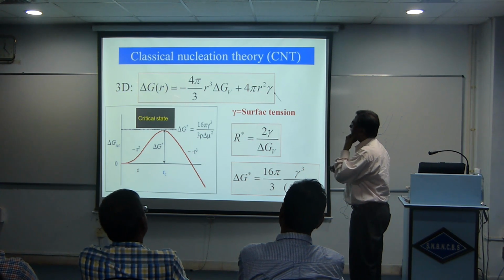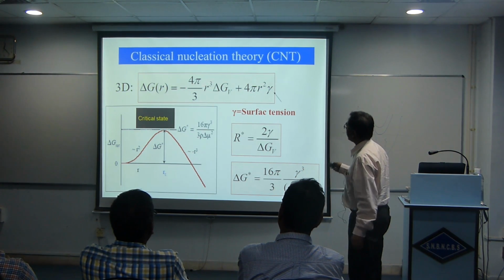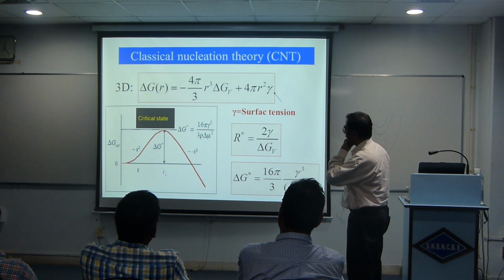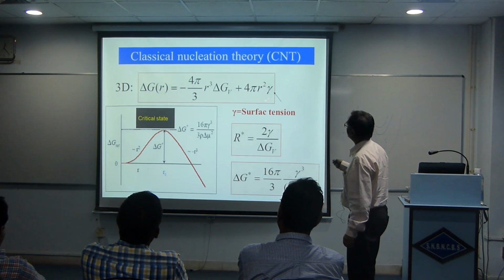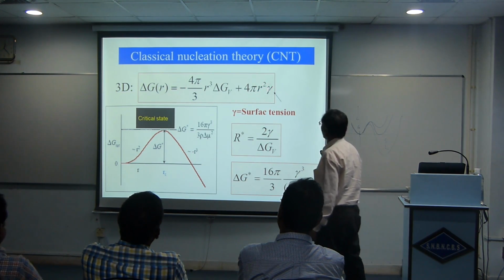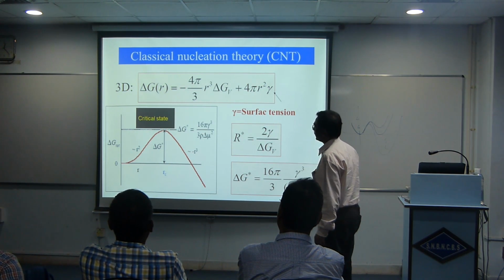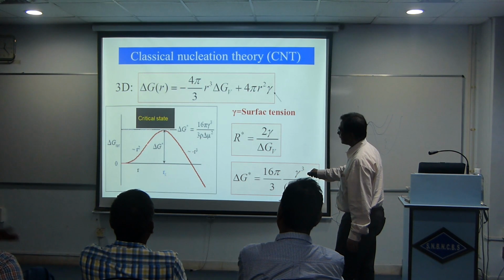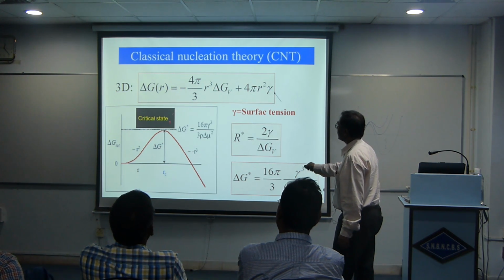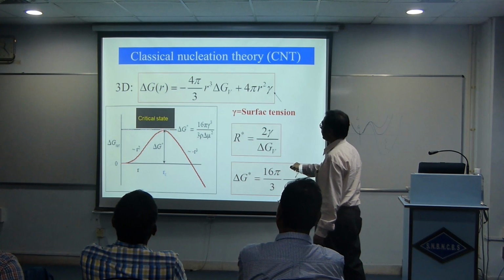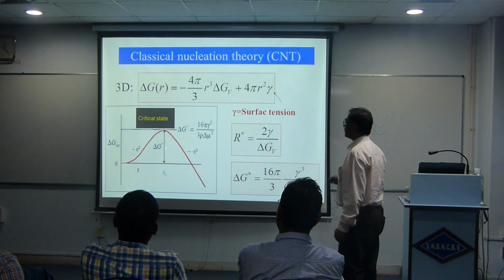Now you can minimize that and find out, and you find that as I increase the R size, for small r this increases, so it goes up, and this is where fluctuations come and disappear, but then it reaches a maximum, and that is called the critical nucleus.